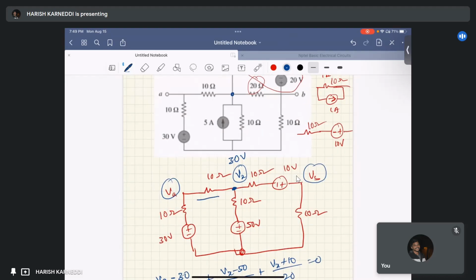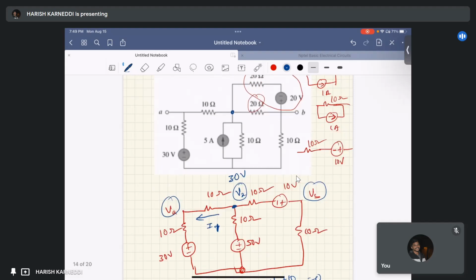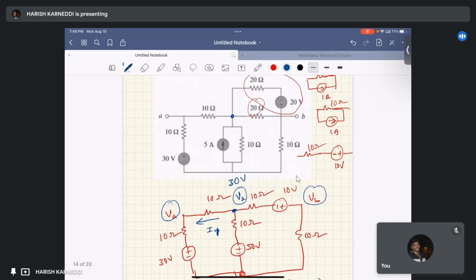So this current, let us suppose I consider this current as I1. My I1 equal to, this voltage is 30 volts and this voltage is 30 volts. There is no potential difference across these 20 ohm resistance.